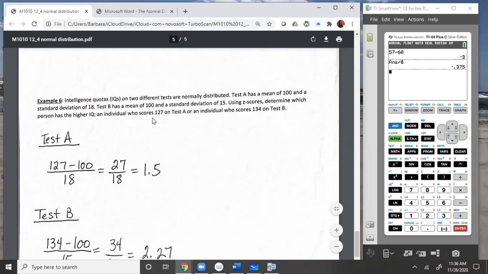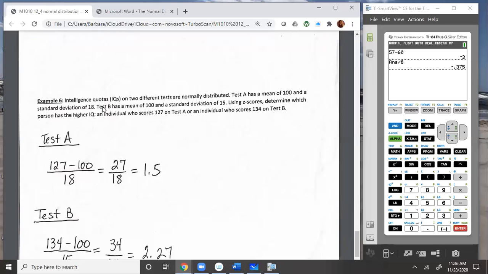Let's talk about the z-score for test A. So to calculate, we get x minus x bar over s. So 127 minus 100 divided by 18 is 1.5. So the z-score for 127 on test A is 1.5. The z-score for 134 is 134 minus 100 divided by 15.